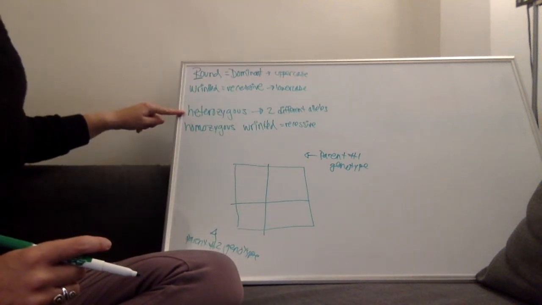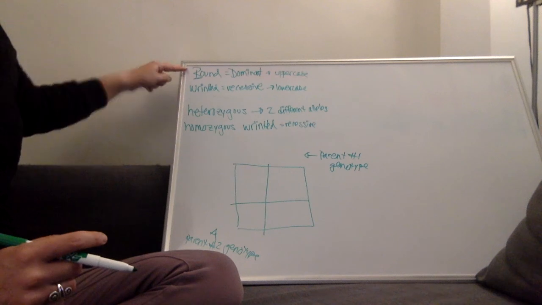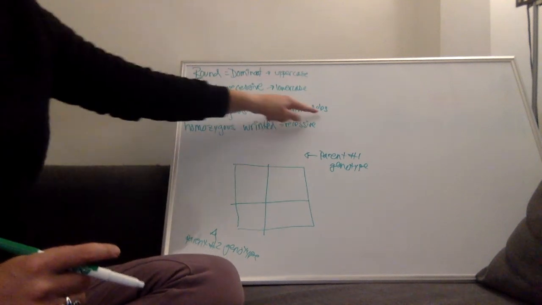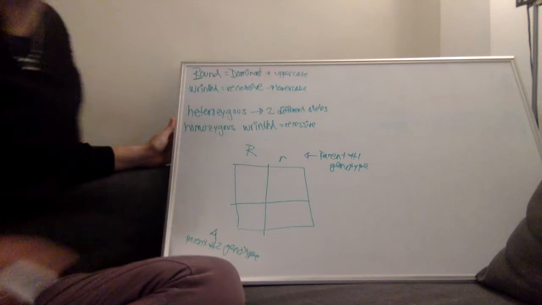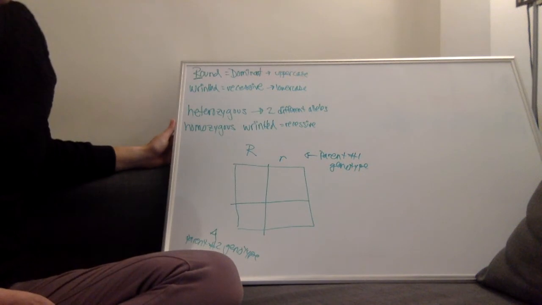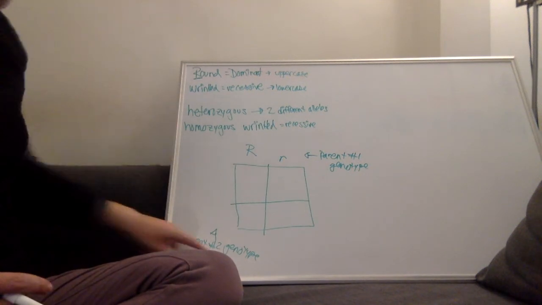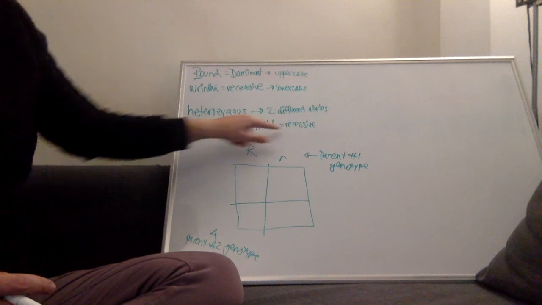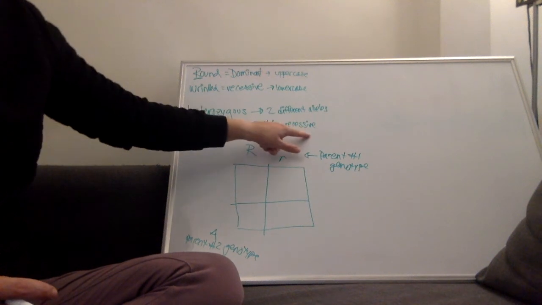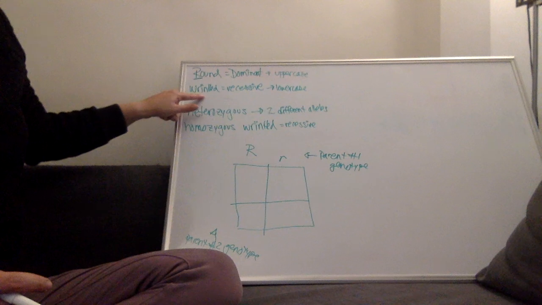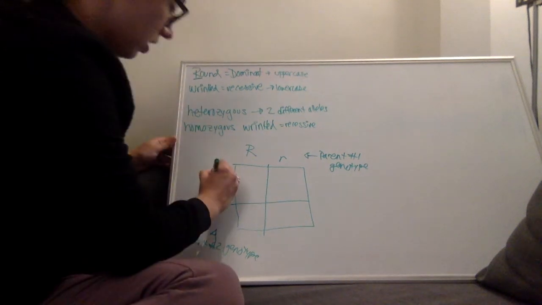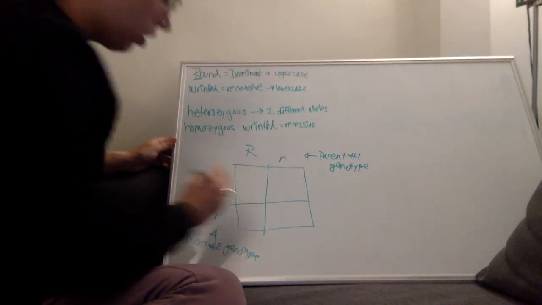What does that mean? Okay. Heterozygous means 2 different alleles. So we have a capital R and a lowercase r. Okay. Then for parent number 2, we said they were homozygous wrinkled, which is recessive. Recessive is lowercase, okay? Wrinkled. So we're going to have little r, little r.